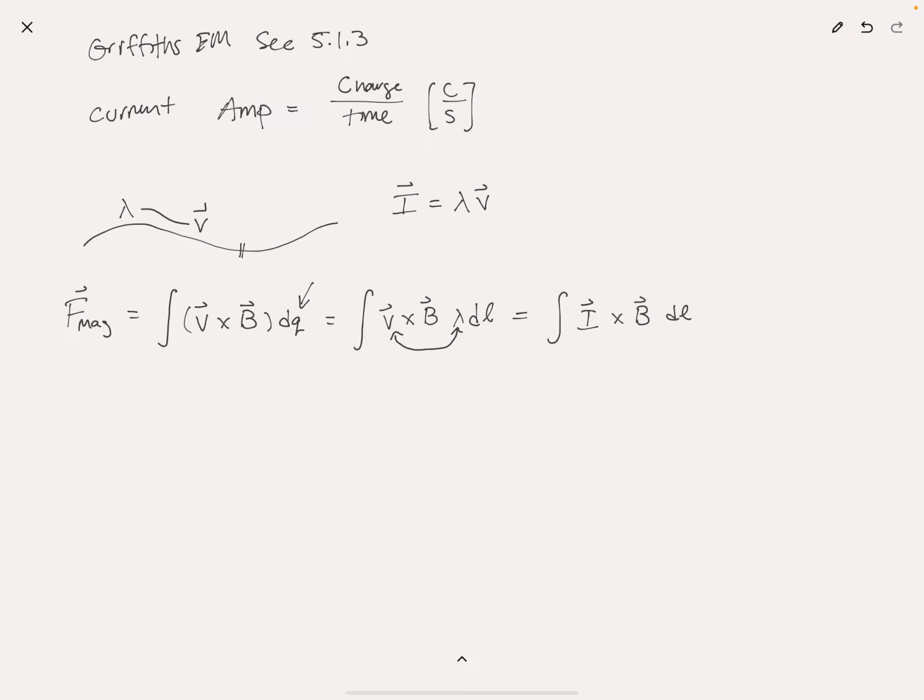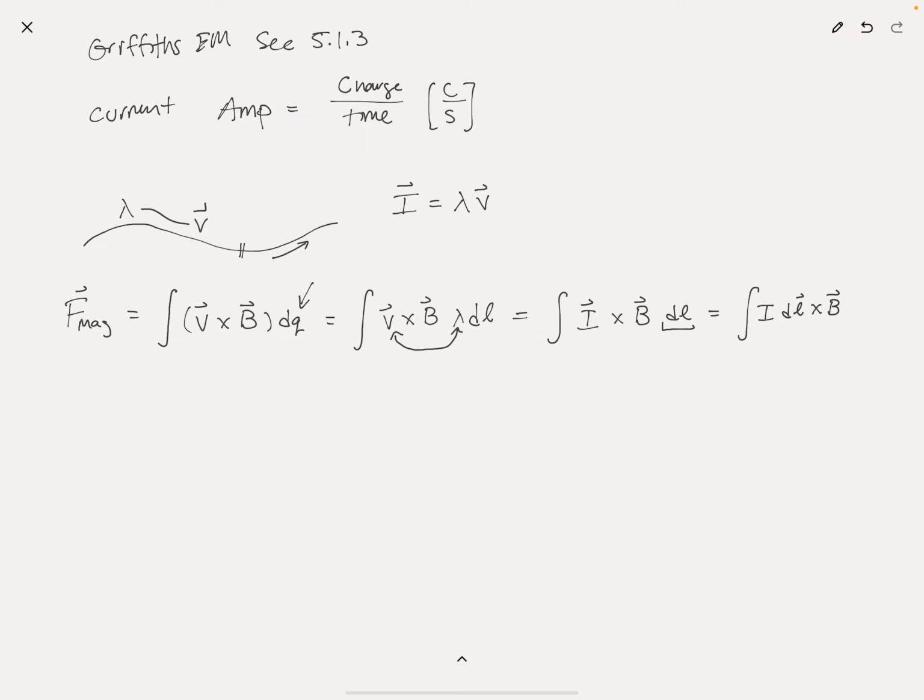This dl is a scalar right now, but dl always points along the path that my current is flowing, and therefore it always has the same direction as the current. So I can think about this instead as being the vector quantity. I bring that into here.